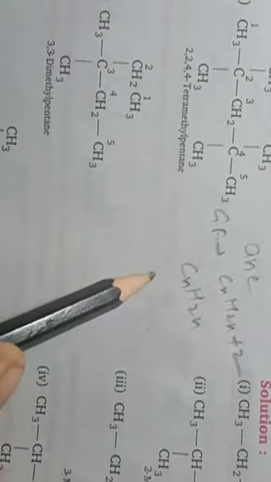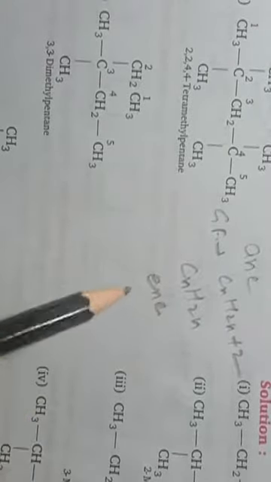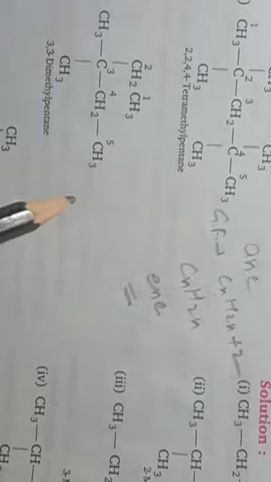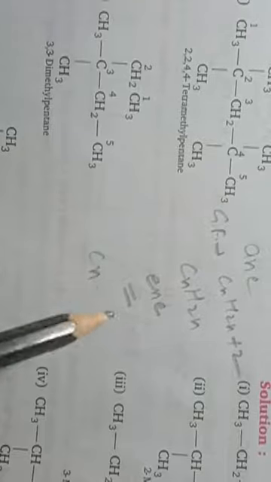Okay students, in the same way for alkene we use the suffix "ene", the functional group is the double bond, and the general formula for aliphatic alkene is CnH2n.